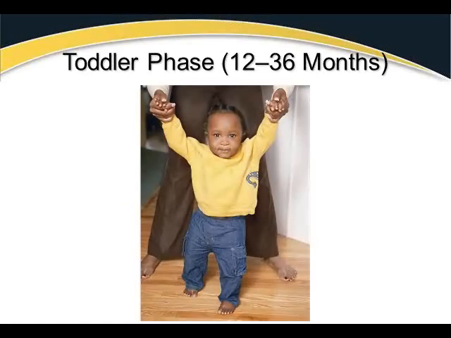Musculoskeletal system, muscle mass and bone densities are going to start to increase, and we're going to see kids walking because of this. Immune system, they're more susceptible to illnesses. They've lost some of that immunity that they gained from mom. They're probably, in many cases, not breastfeeding anymore, and so the immunity has actually started to drop.